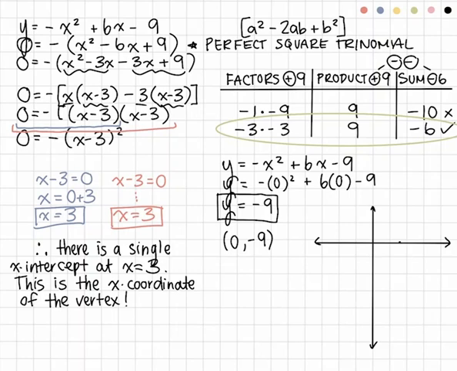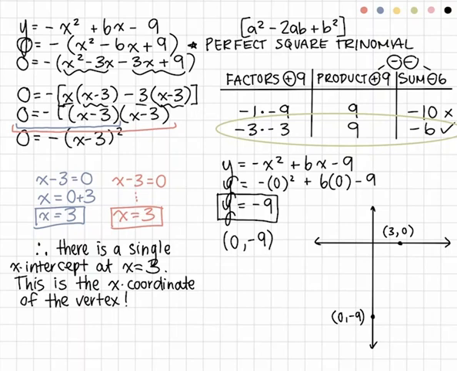So I'm going to just estimate here, approximately there. I'll label that 3, 0. And then I've got a point at x is 0, y negative 9. So I'm going to draw a point right down here, approximately at 0, negative 9.